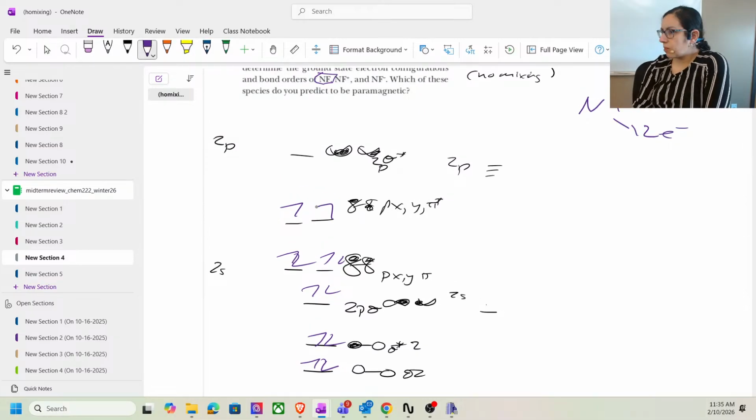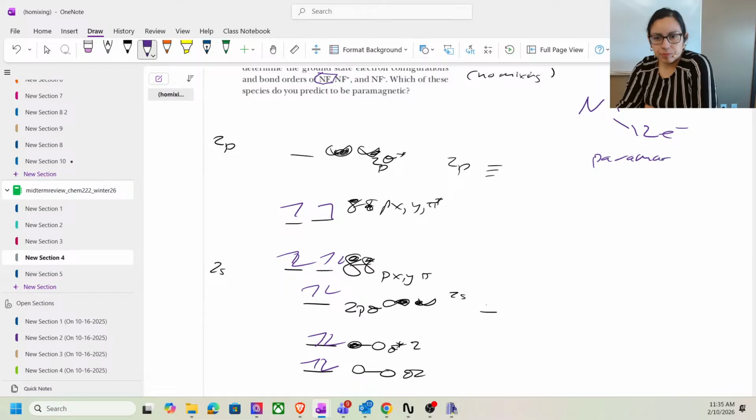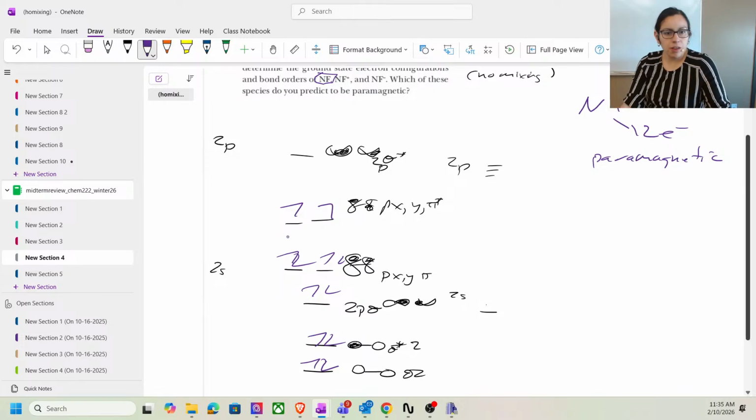What does it look like? Does it remind you of something? So that is paramagnetic, similar to oxygen in electronic structure. So 12 electrons, just like oxygen, and so we expect it to be paramagnetic.